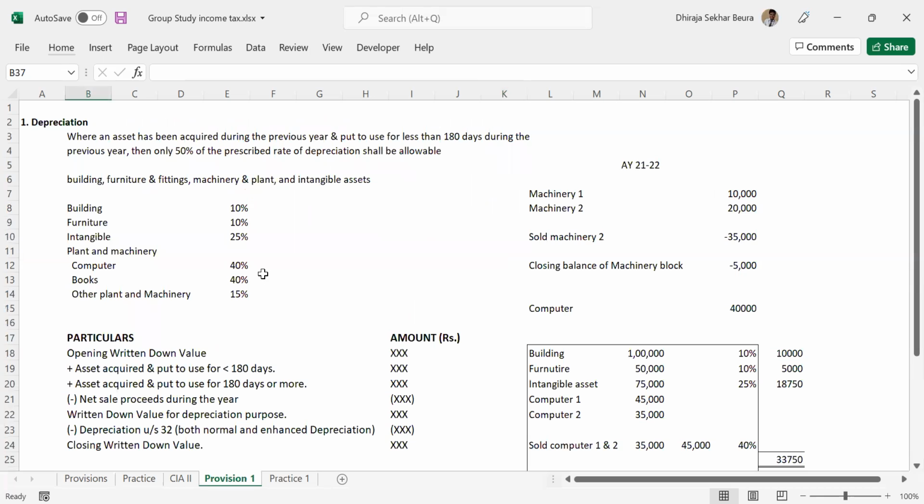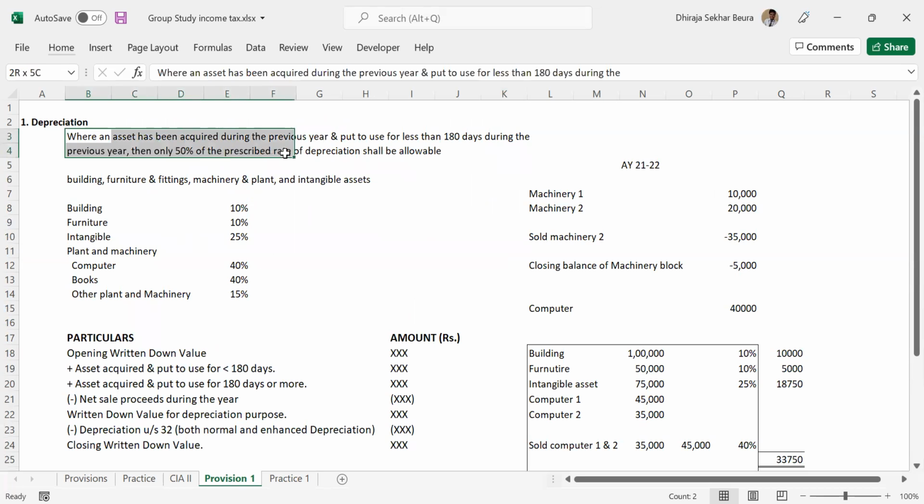Now let me introduce one provision here. Where an asset has been acquired during the previous year and put to use for less than 180 days during the previous year, then only 50% of the prescribed rate of depreciation shall be allowable. What does this mean? In a year, you have purchased an asset and you have used it for less than 180 days.